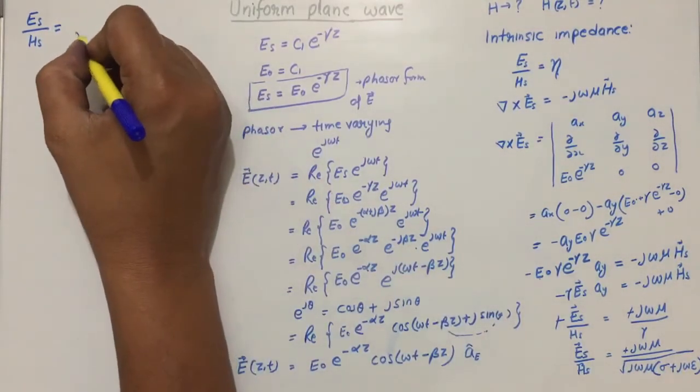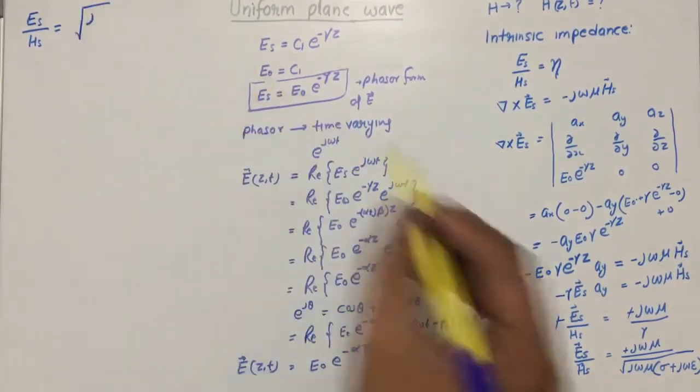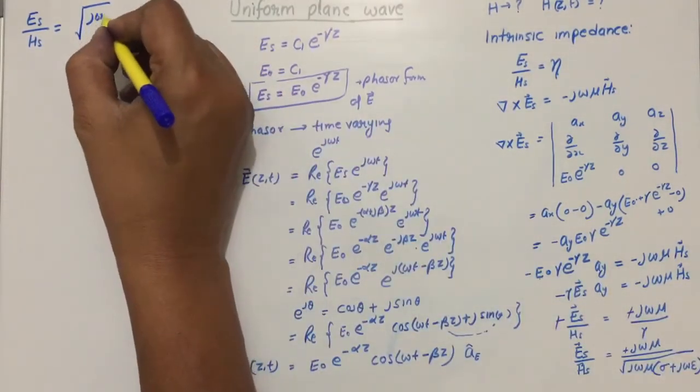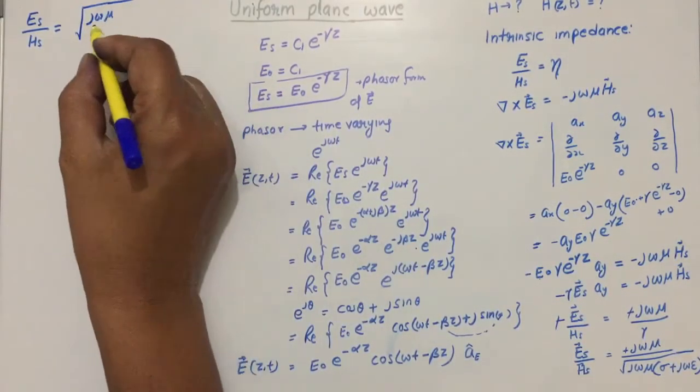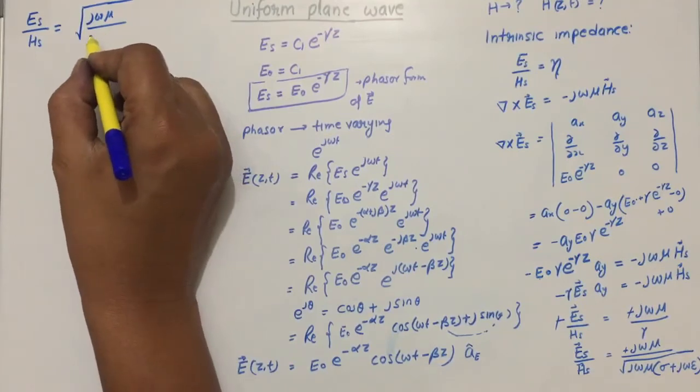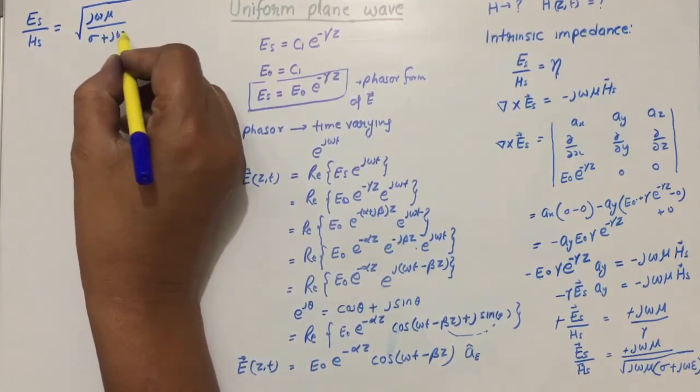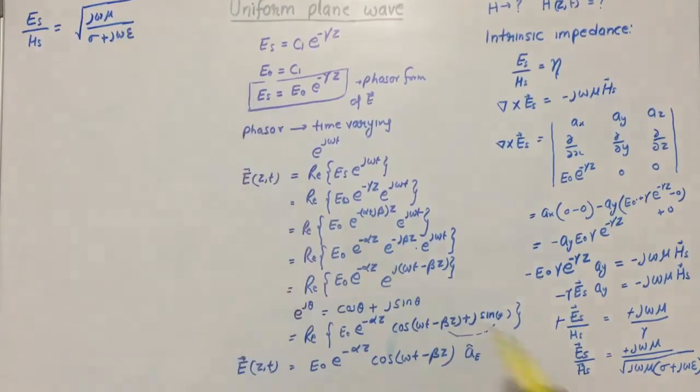So the remaining terms will be j omega permeability divided by sigma plus j omega epsilon.